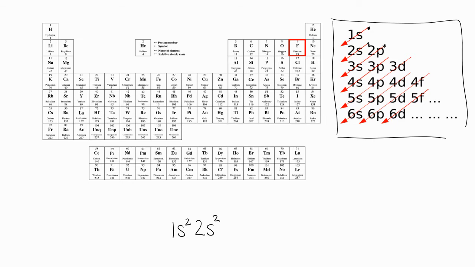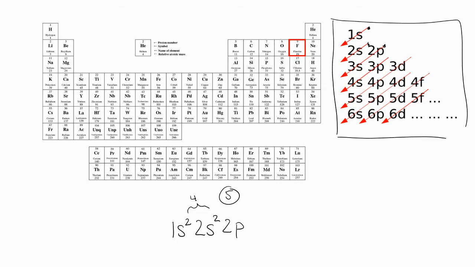We've only got 4 electrons, we need to keep going. So next, here we're at the 2p. And p orbitals, remember, can hold 6 electrons. If we put in all 6, we would have too many, because 6 plus 2 plus 2 is 10. Here we have 4 electrons, and since we need 9, we need 5 more electrons.